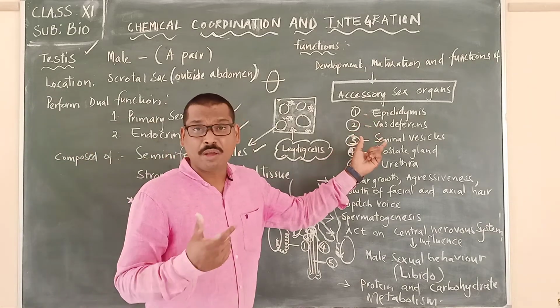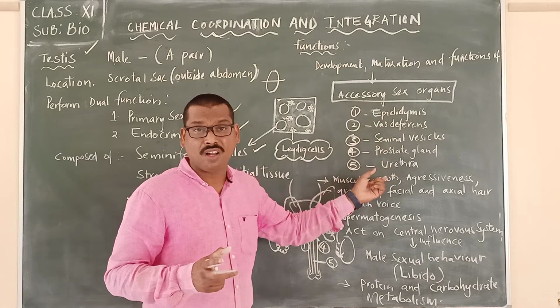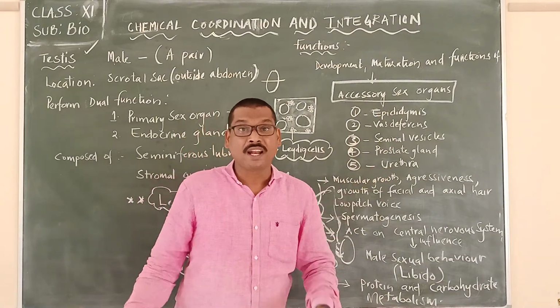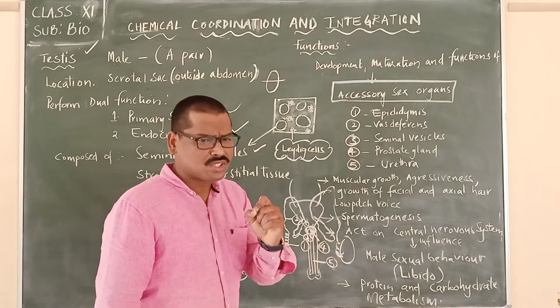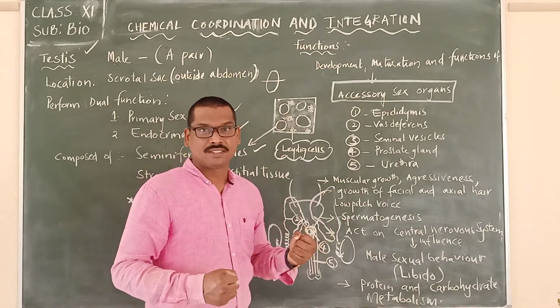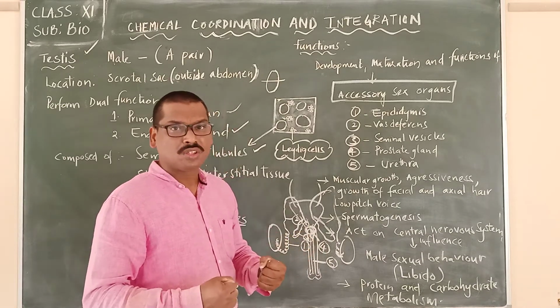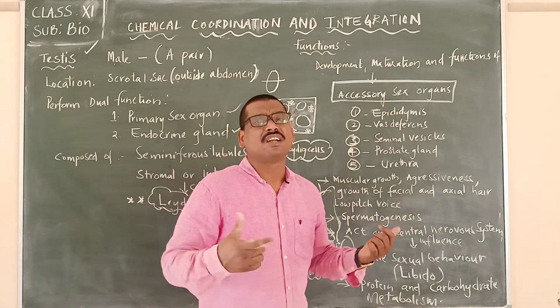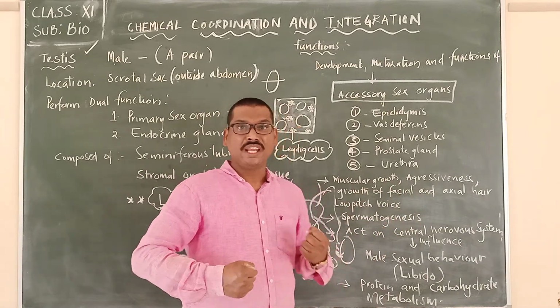Not only in development, maturation and functions of all these parts of the reproductive system, but this particular hormone, testosterone, the most important androgen, helps in muscular growth of the males. The muscular growth of the males is because of the testosterone. Males are generally very aggressive.